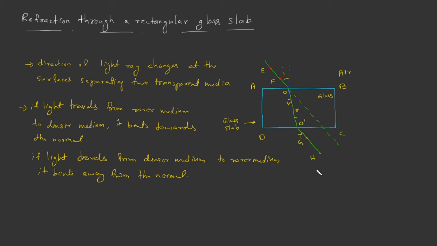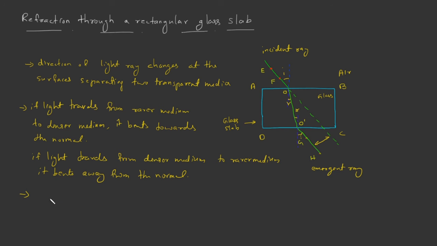The third thing we can observe here is that the emergent ray, that is this ray, is parallel to the direction of incident ray. We know this is incident ray and this is emergent ray. The direction of incident ray is this and the emergent ray is this. That is, here the emergent ray is parallel to the direction of incident ray.